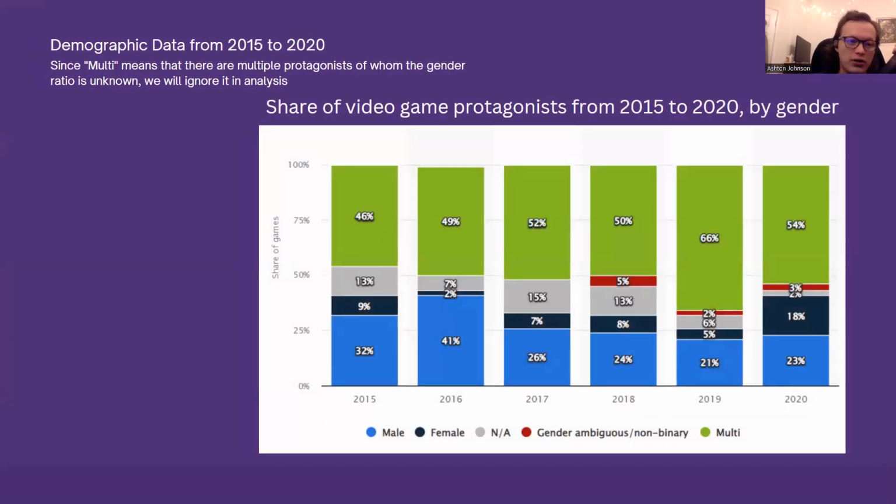Start off with demographic data from 2015 to 2020. A note that multi means there are multiple protagonists you can play, of whom the gender ratio is unknown, just meaning that a game could have two protagonists, one male, one female. It could have both male, both female, non-binary. It could be 19 females and one male, but because of the category of multi, this is something we don't know.